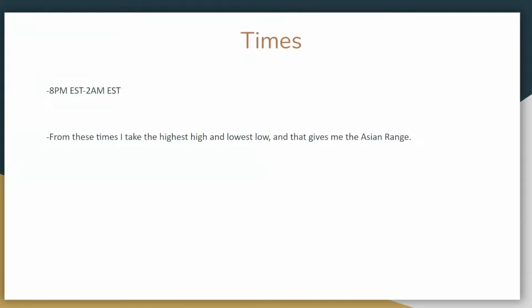But for backtesting purposes and for my understanding of the Asian range and the times that are actually important, 8 p.m. to 2 a.m., I'm taking the highest high and lowest low of this range and projecting them across, and that gives me my range. From that, I can further identify what kind of template we may be in.